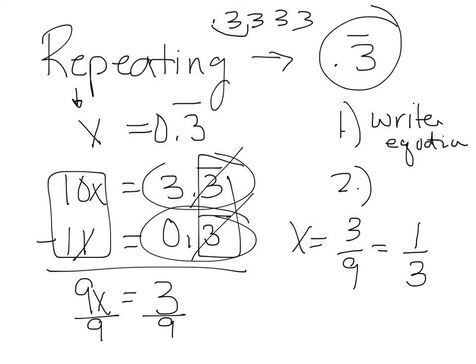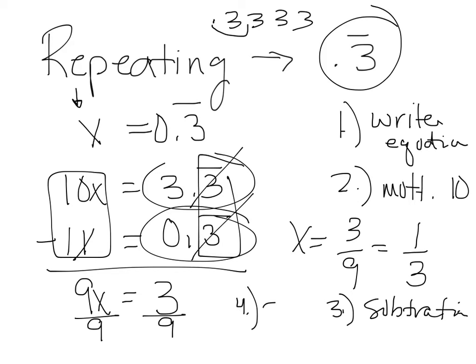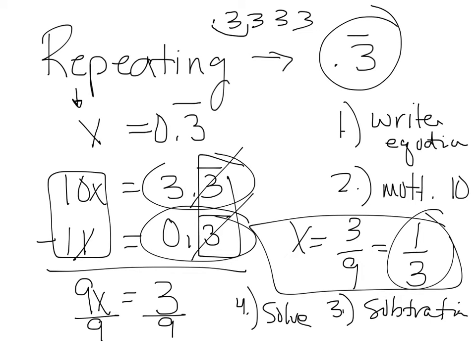So write an equation, step two was multiply that equation by 10, step number 3 was do a subtraction to make the repeating decimal cancel out, and step number 4 was solve the equation, and you'll wind up with your fraction. So that's the process that we go through.